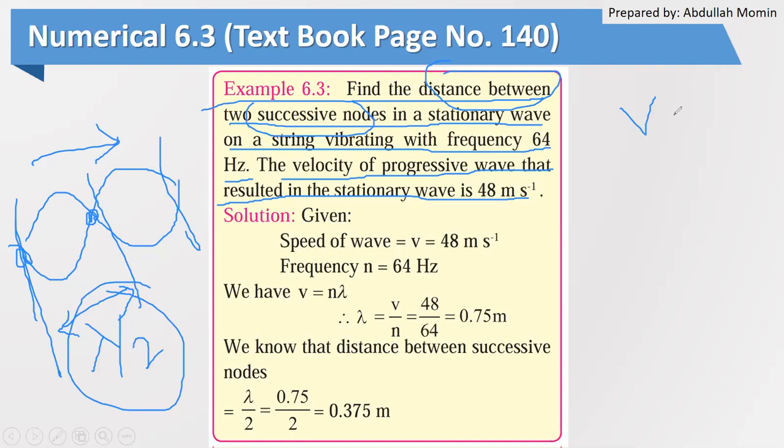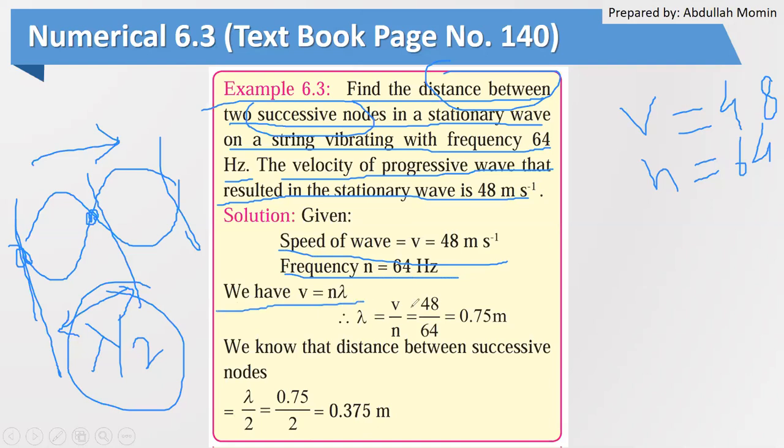And the frequency is given, the velocity of the wave is 48 meter per second, the frequency is 64 hertz. So the speed is 48, the frequency is 64. So we will write v is equal to n lambda. n will go to the other side of the equal sign, so lambda will be written as v by n. v is 48, n is 64, so we will get 0.75 meter.